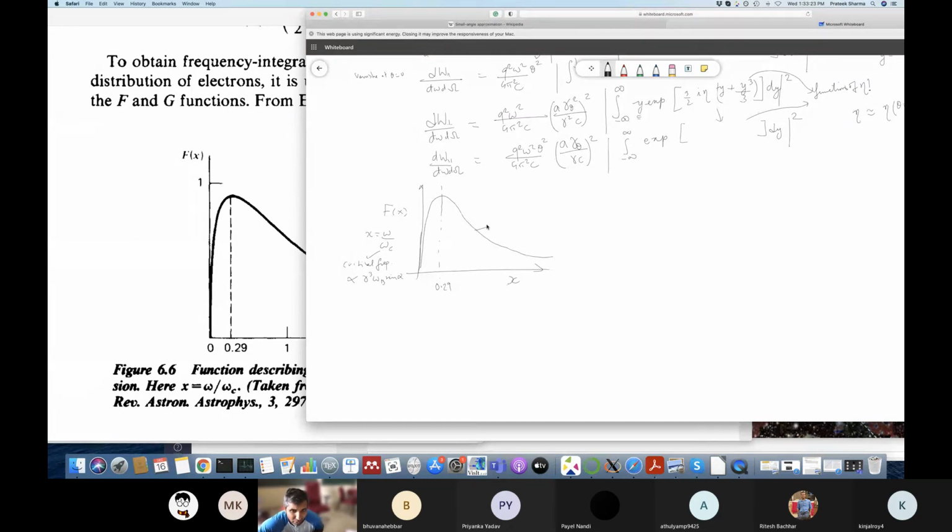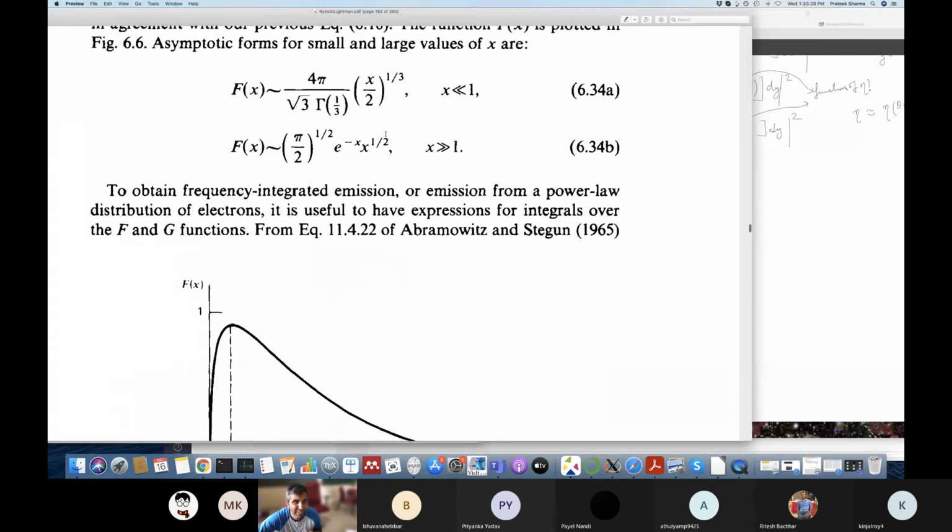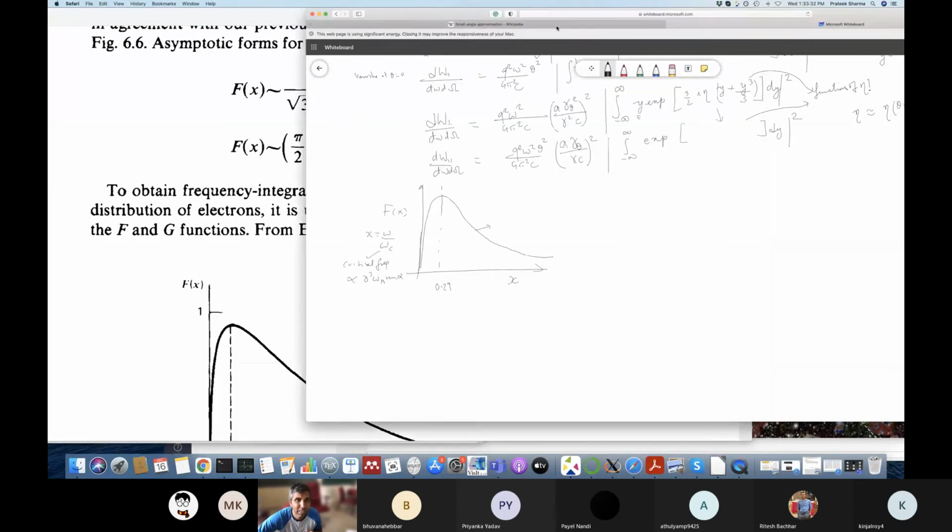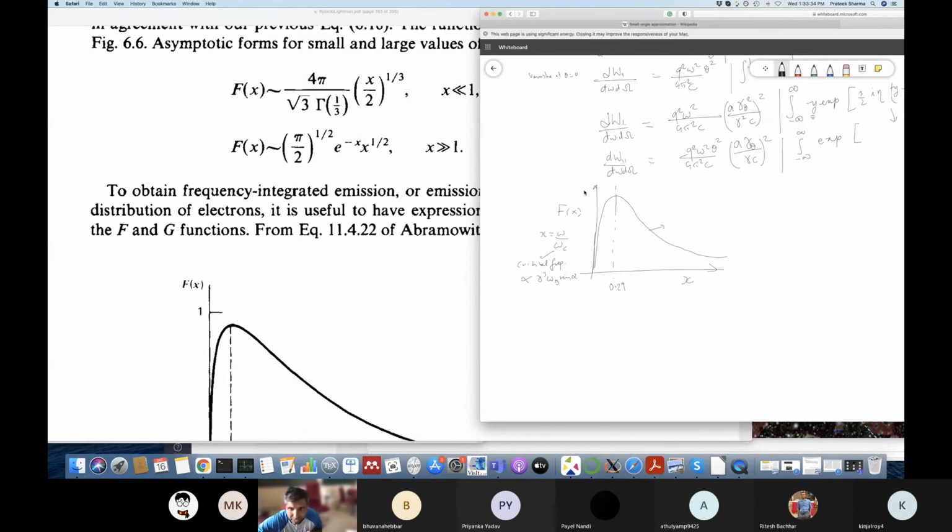The asymptotic forms of f(x) are given here in the book, so it's useful to remember that at small x, at small frequencies, this goes like x to the 1/3. It's pretty shallow. And there is an x to the half e to the minus x, so there's an exponential cutoff at frequencies greater than omega_c, which is equal to gamma cube omega_B sine alpha.